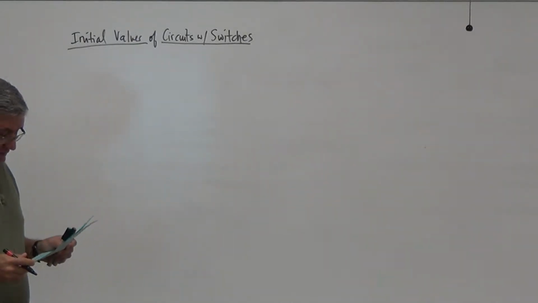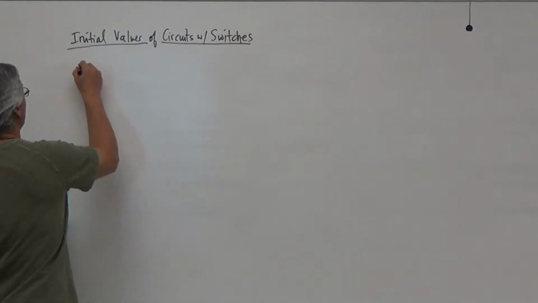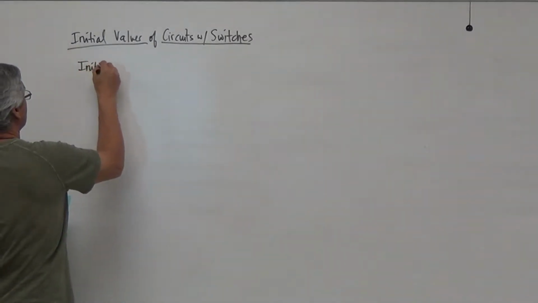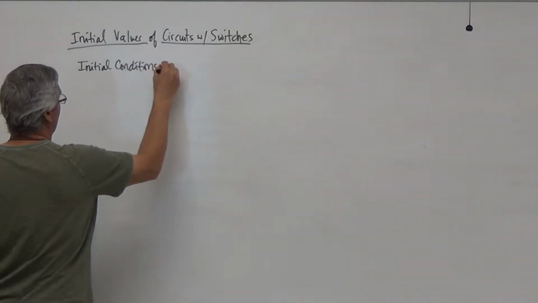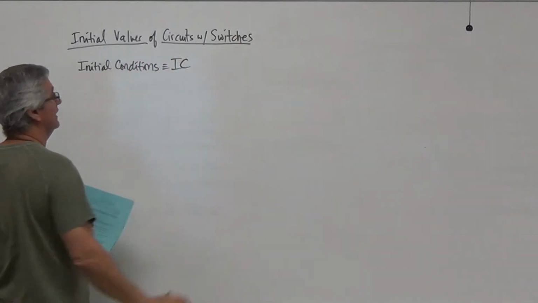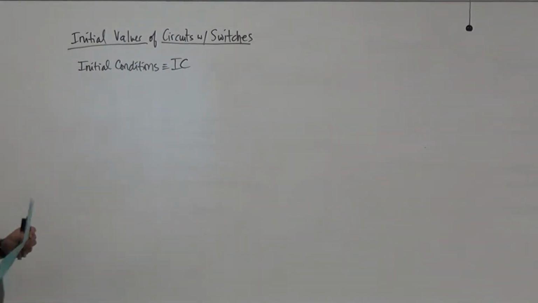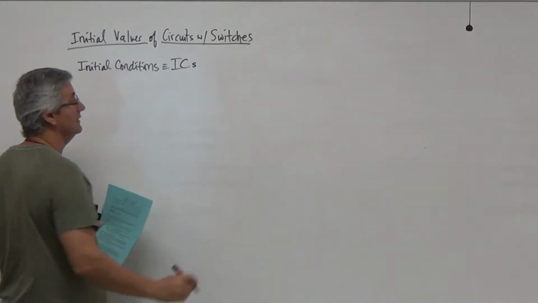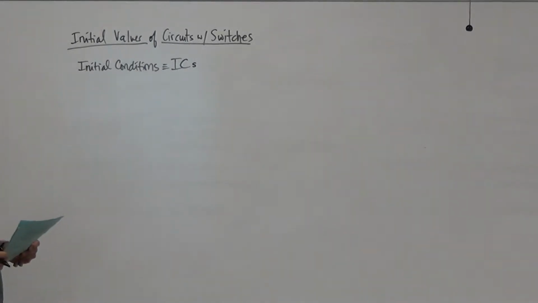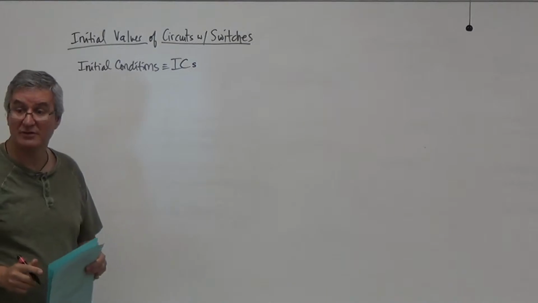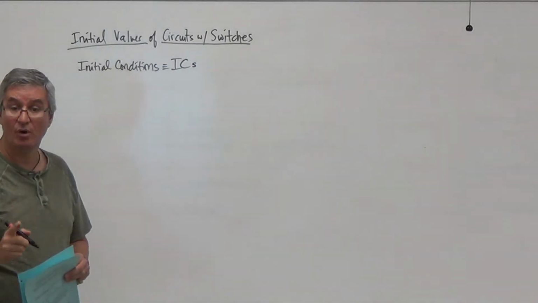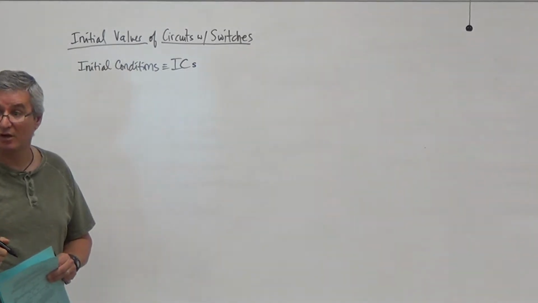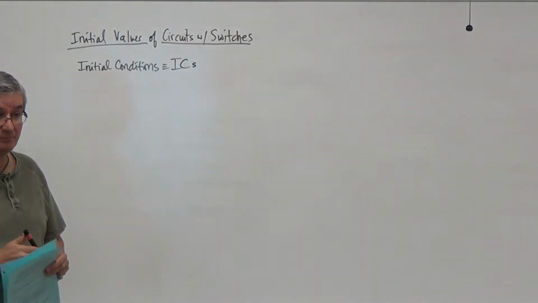So what you're going to find here is that now we need to start talking about what are called initial conditions. And I'm going to call this IC. And a lot of the times what you're going to find here is that the initial conditions will depend on whether it's a first order circuit, first order differential equation, or a second order circuit, a second order differential equation.